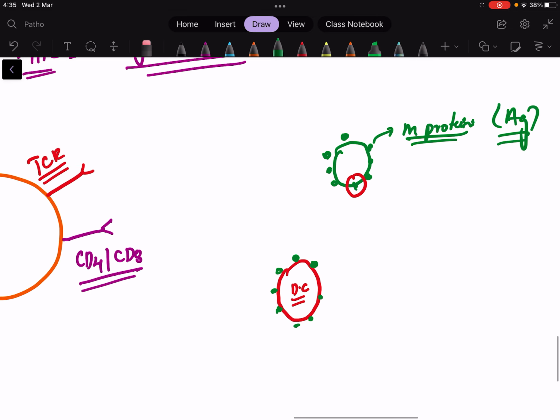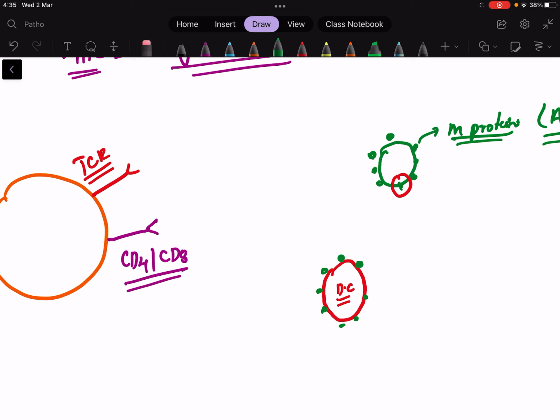This antigen is presented to the T cell. So the dendritic cell goes and takes a bite of the M protein, and once it does, it will present this antigen to the T cells, because T cells will ultimately go and kill the bacteria.